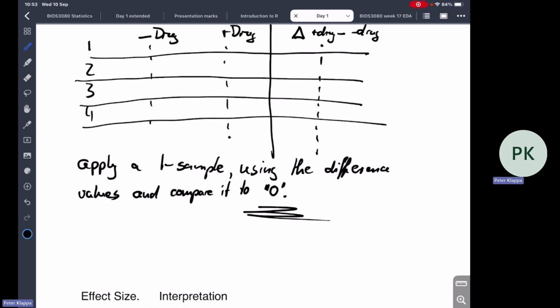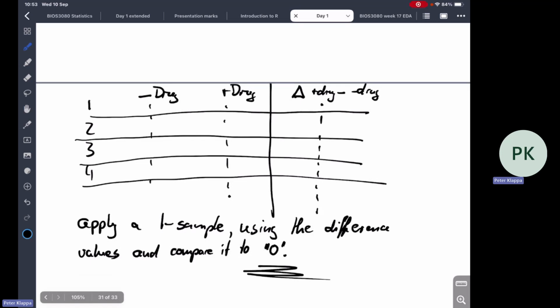Very clearly, what you need in order to do that is, and you can immediately see whether it is a sort of a before and after, whether it is a dependent t-test, is you need to have the same number of data for the first and the second column. If one data point is missing or so, then it doesn't work because it can't calculate a difference if one of them is missing.